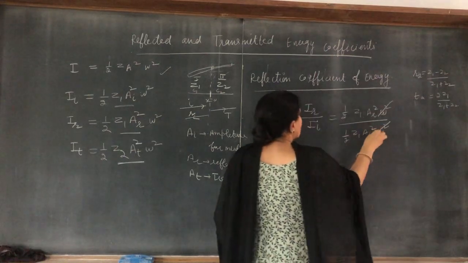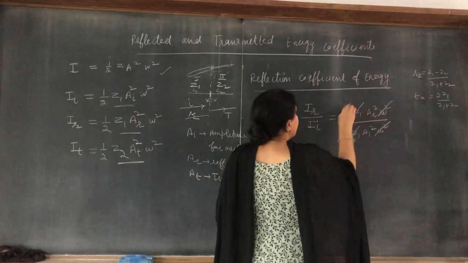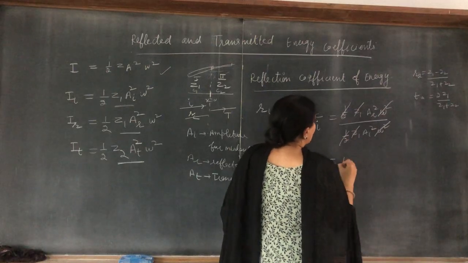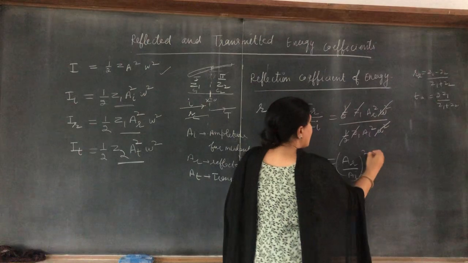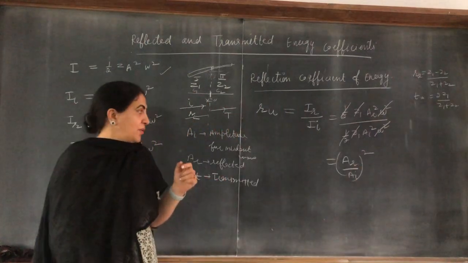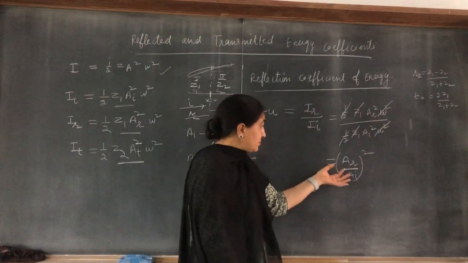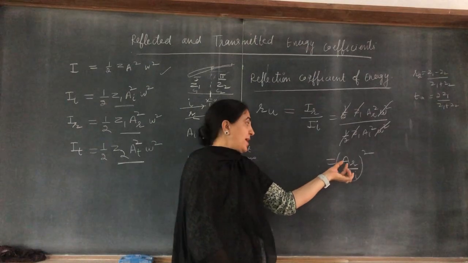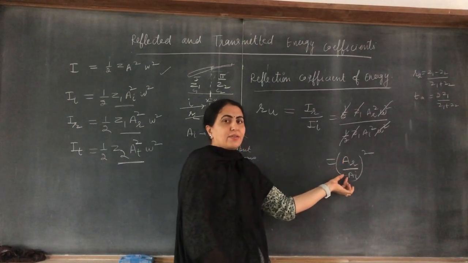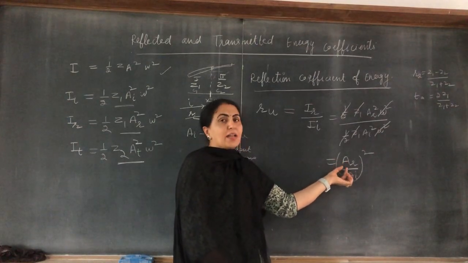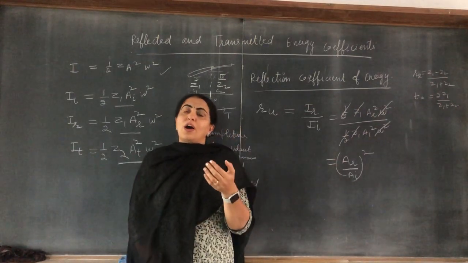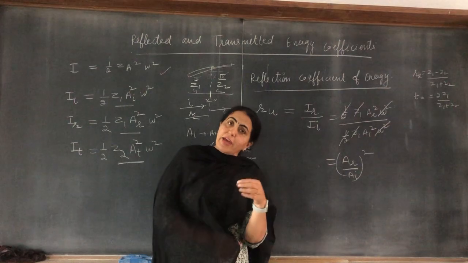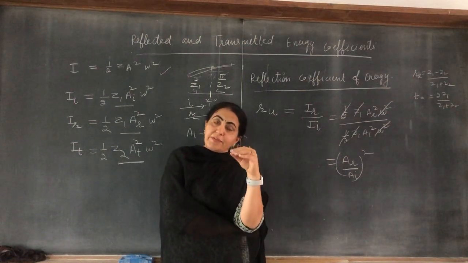Omega square goes with omega square, Z1 goes with Z1, half goes with half. We have AR upon AI whole square. I think you will remember this: AR upon AI. What is AR upon AI? The ratio of the amplitude of the reflected wave to the incident wave.